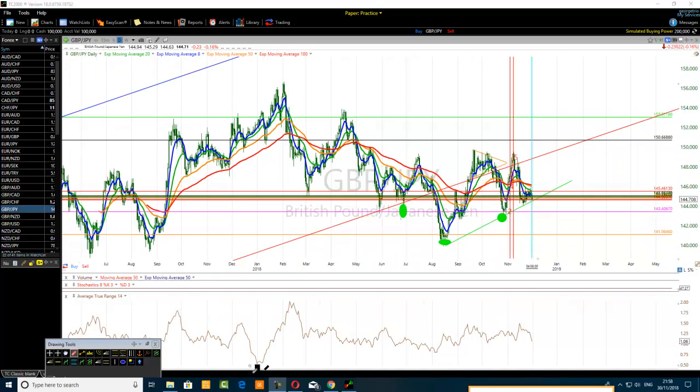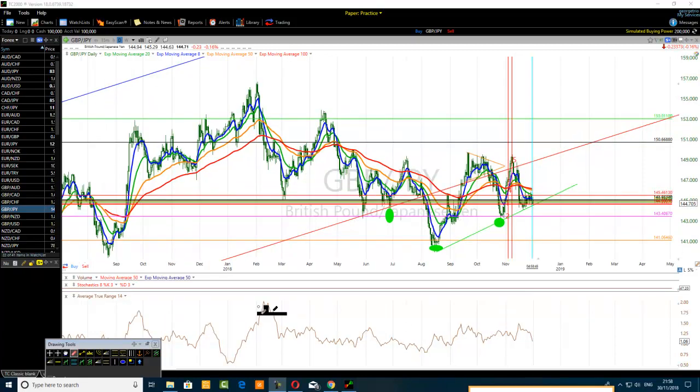But the ATR may be going up when the price is going down, telling us that the volatility is increasing. At the same time, the price may be going up, but the ATR may be going down, telling us that the volatility is not as strong. Those are the things that we want to understand when we are using the ATR technical indicator.